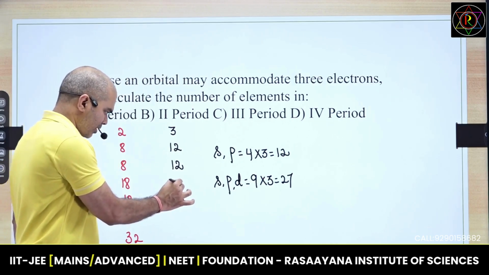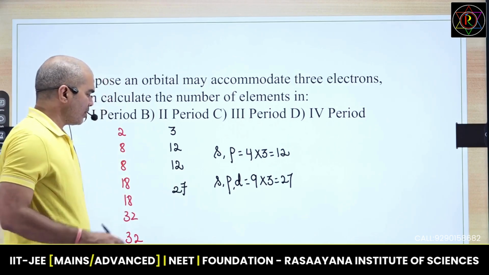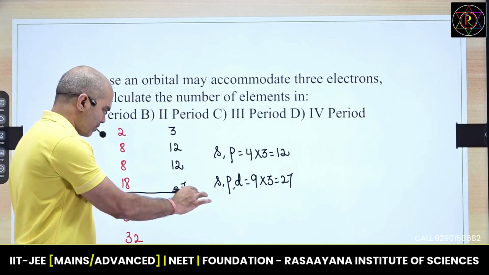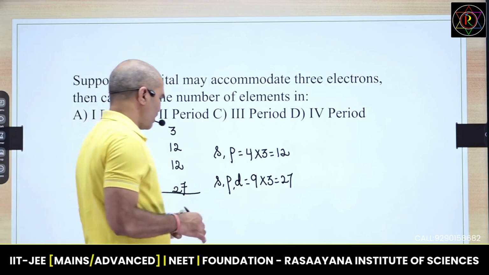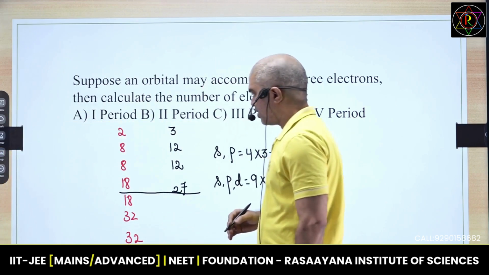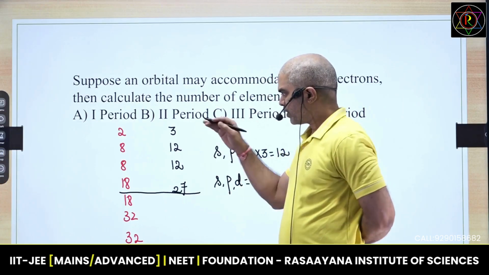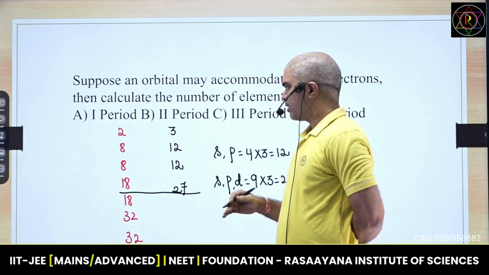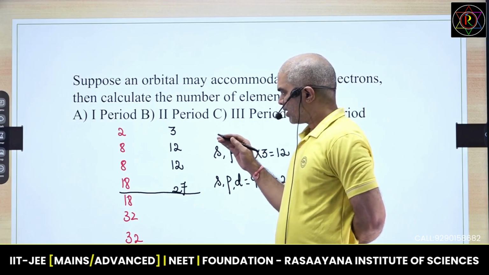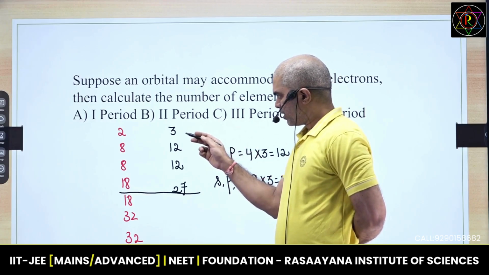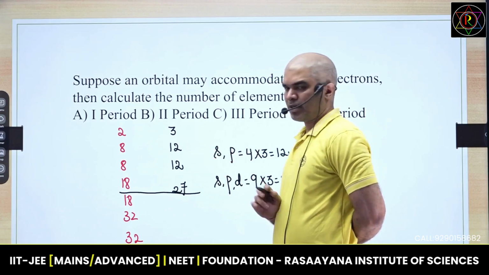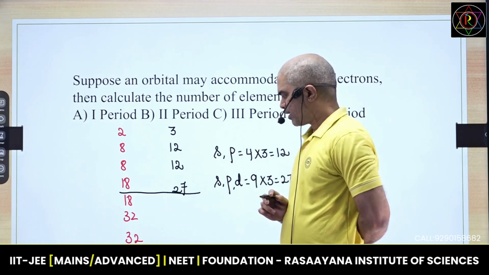So we got the answer. 2, 8, 8, 18 is the normal occupancy of the first, second, third and fourth periods. If each orbital can accommodate 3 electrons, then it would be 3, 12, 12 and 27. That is the answer.